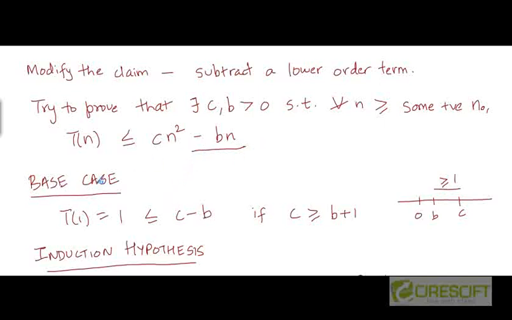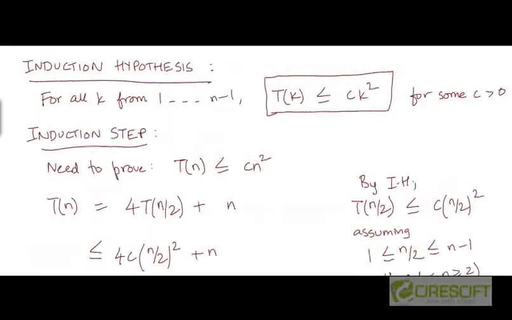So how will subtracting a lower order term help? Well, we'll see that when we subtract a lower order term, when we use the induction hypothesis to substitute the right hand side here in place of this term, that subtracted lower order term will be getting multiplied by 4, and so the overall value of this right hand side will hopefully come down sufficiently so that we would be able to prove the original claim.